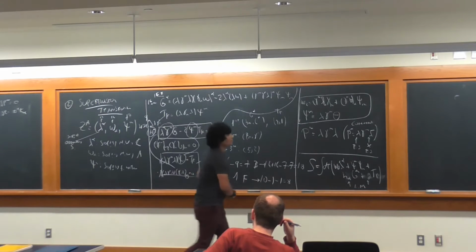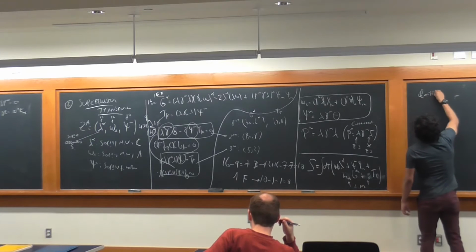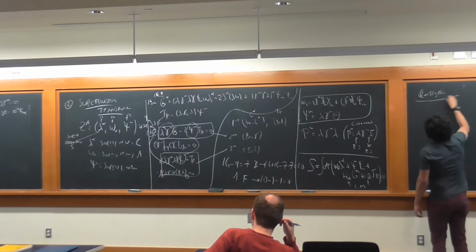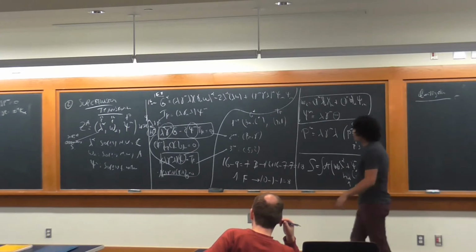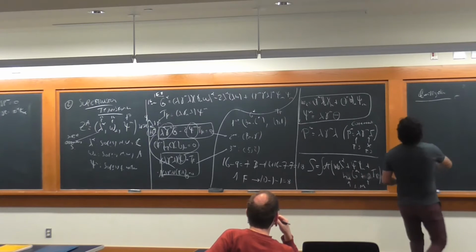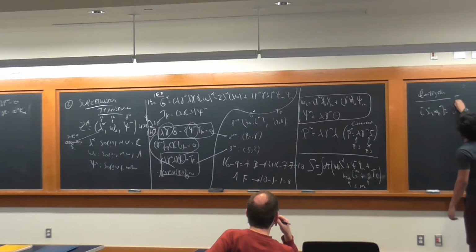Okay, so now let me quantize this. Quantization of the supertwistor model for the superparticle. In order to do that, I will write the standard commutation relations for lambda and W, and also for psi m and psi.